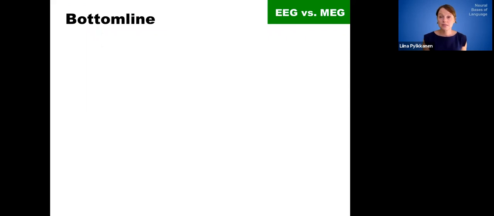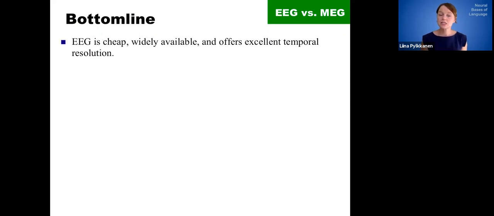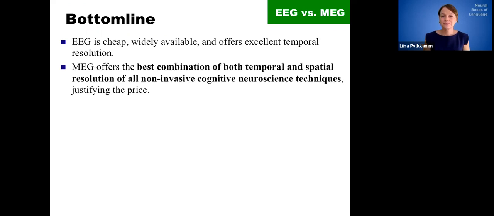So here is the bottom line from these techniques. EEG is cheap, it's widely available, and it offers excellent temporal resolution. It's a great technique for all those reasons. But MEG offers the best combination of both temporal and spatial resolution of all non-invasive cognitive neuroscience techniques.